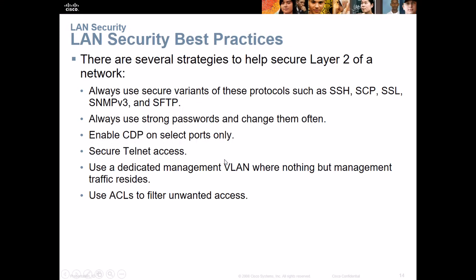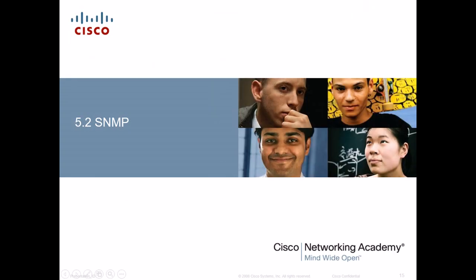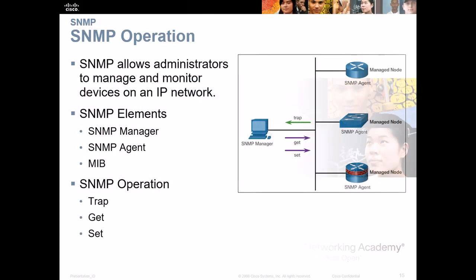So we talked about all of this. Okay, let's continue. Now we're talking about the Simple Network Management Protocol. SNMP is a protocol that allows the administrator to manage and monitor devices on an IP network. So if you are a manager, you could do it on either your router or a PC that has software. These are agents.